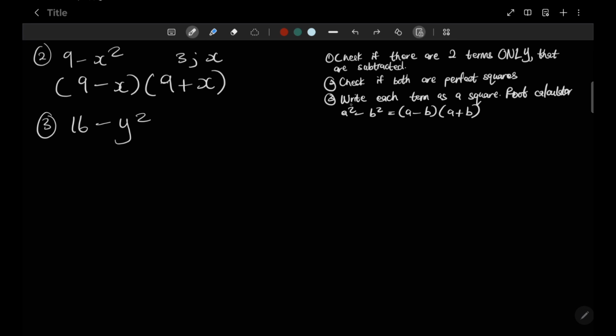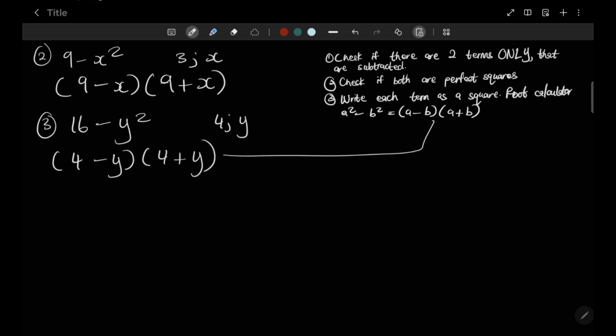Then the last condition, write each term as a square. The square root of 16 is 4. Y squared is y times y. Now let's substitute. Open your first bracket, 4 minus y. The second bracket, 4 plus y. Now let's do the fourth example.